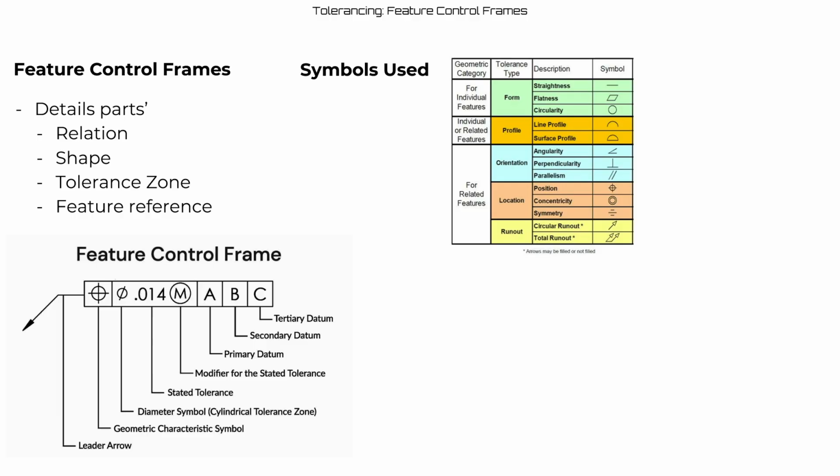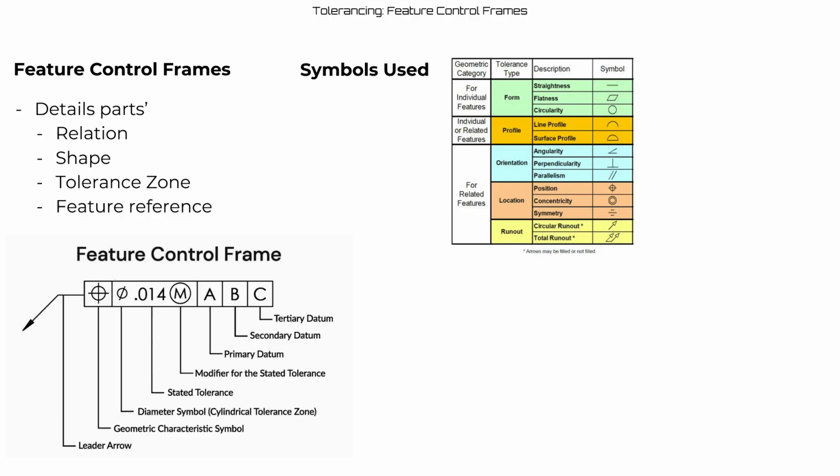So, your feature control frame, you're going to start with your geometric characteristic symbol, which are the symbols on here, which is your first, and then you have your stated tolerance, and then maybe a modifier. The most common modifier that we see is M, maximum material condition, but there's also L, which is least material condition.